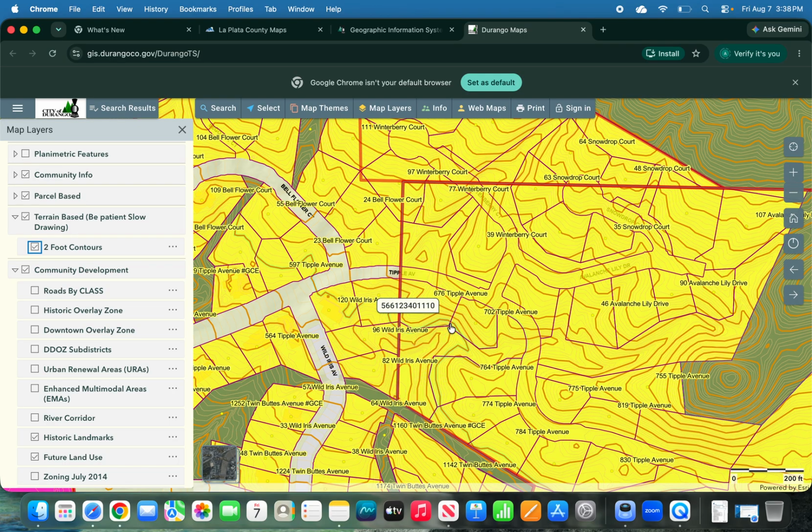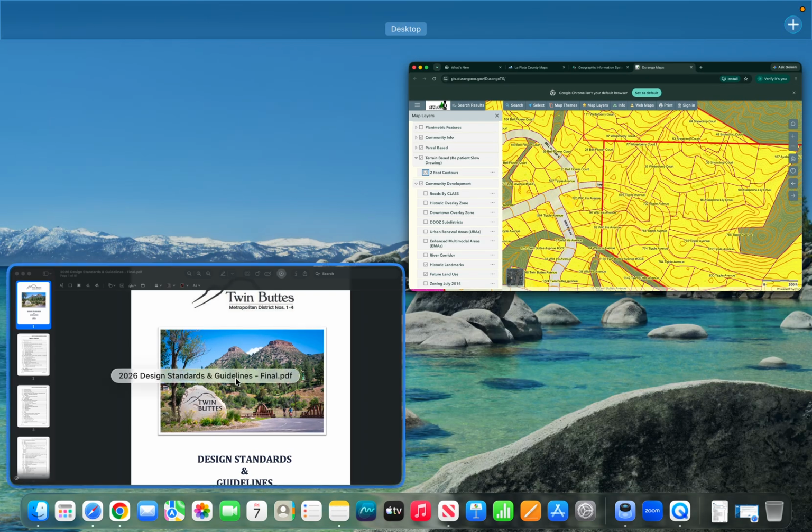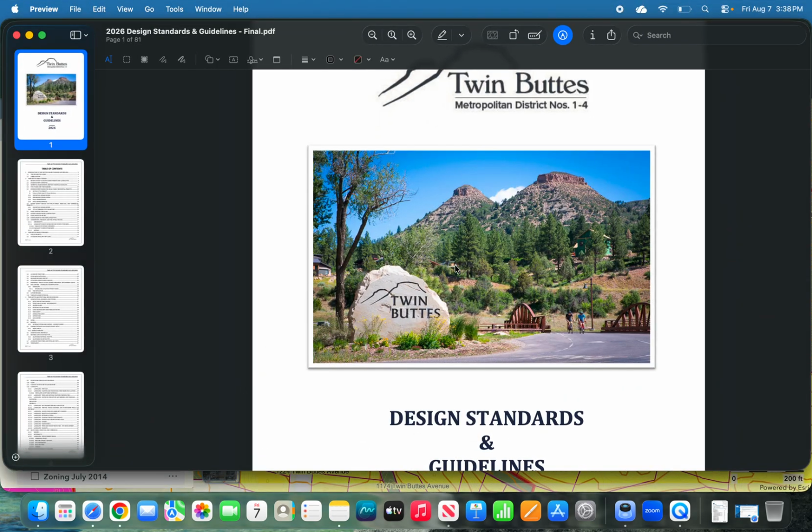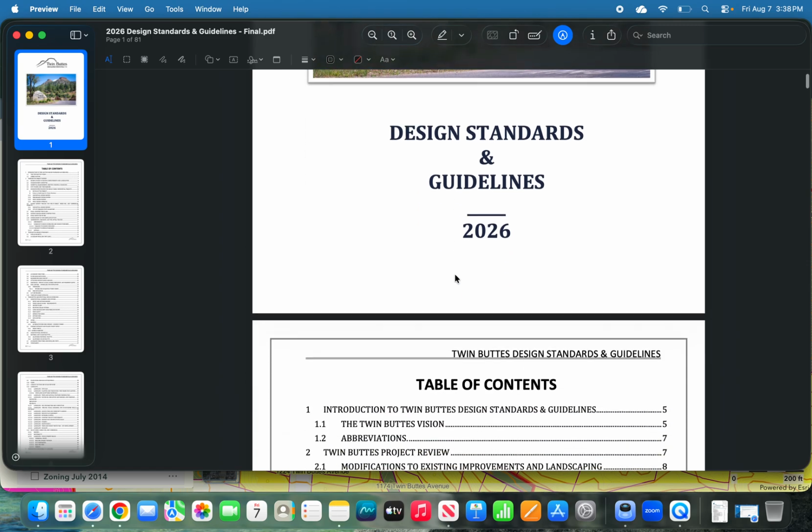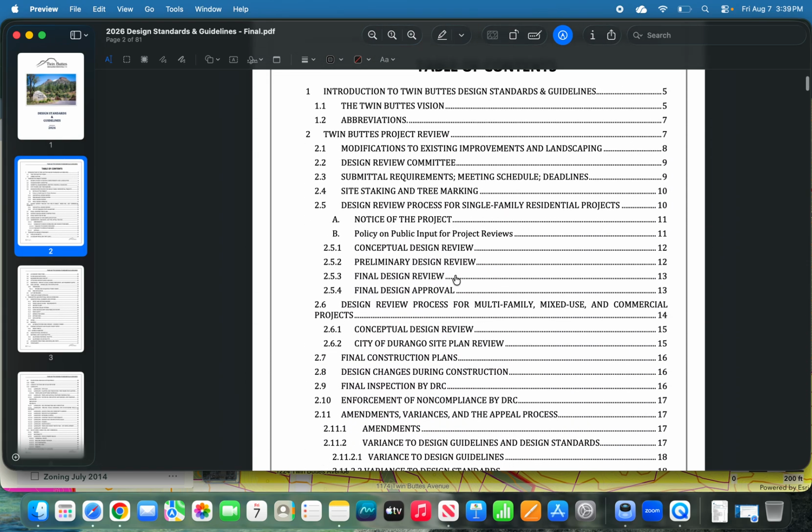Okay, so once you've identified the zoning, you feel like you've picked your lot because you've got a sense for the topography and what's easier to work with, at that point, you're going to look at city code or metro district or HOA design standards and guidelines. You're going to need to look through these documents and make sure that you are comfortable with what these set as the standard.